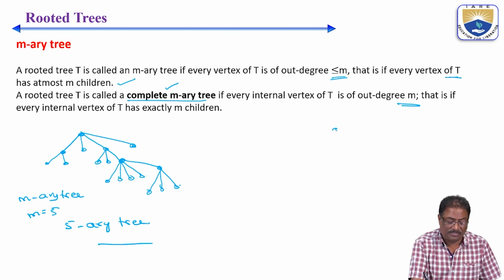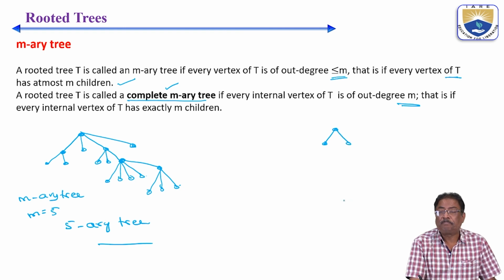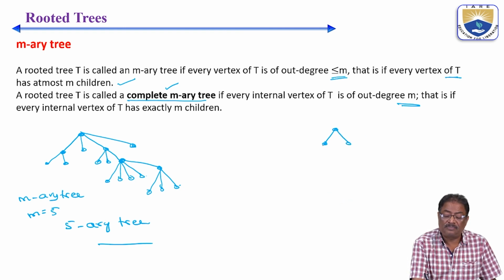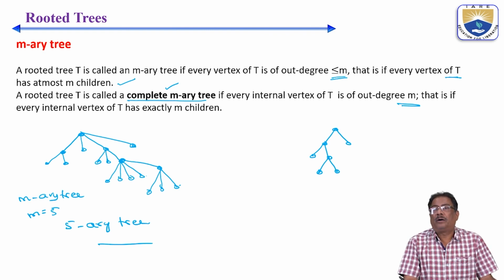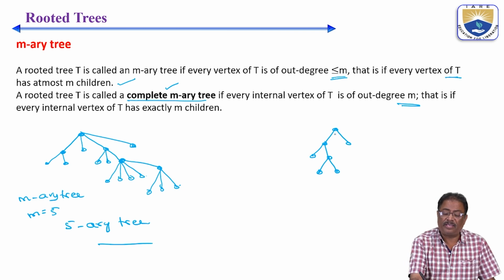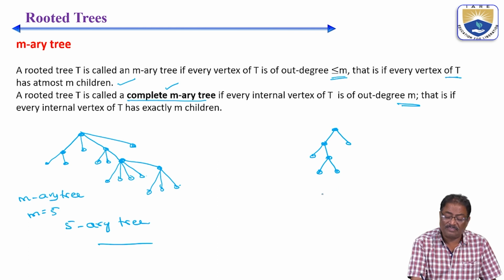Suppose I take this one: the root node has 2 children, and this has 2 children, and this has 2 children. The out degree of the vertex is 2 everywhere, here it is 2, here it is 2, here it is 2. So we can say that it is a complete 2-array tree.